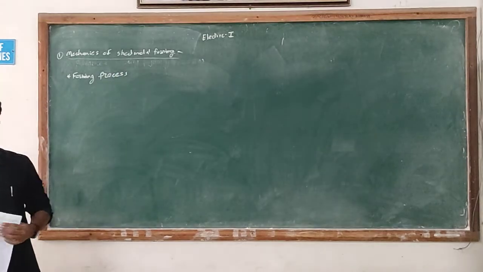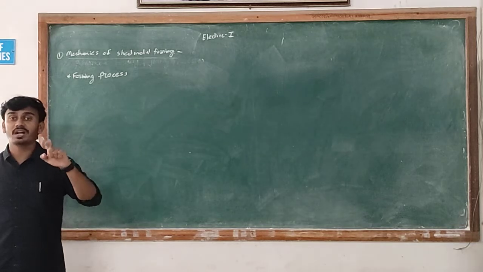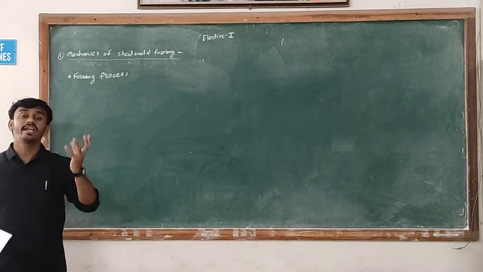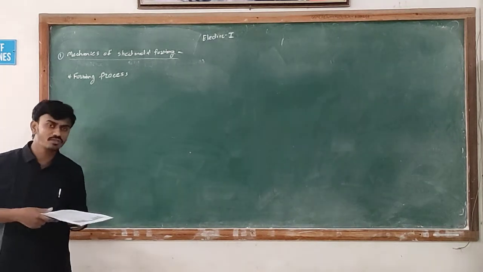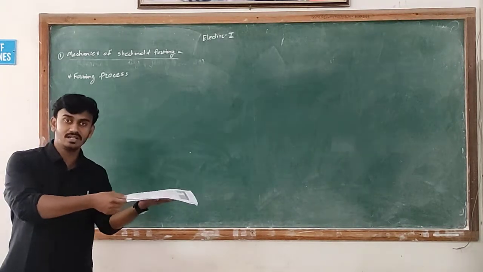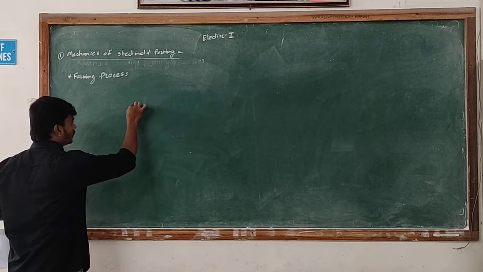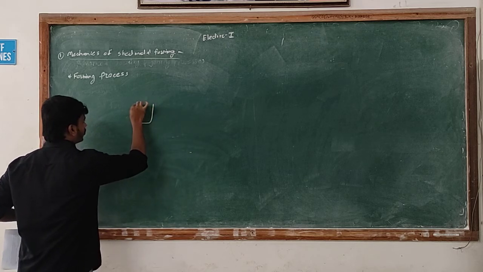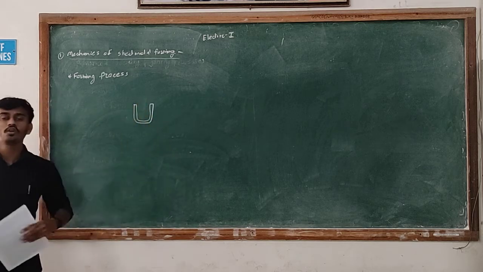Forming is the process in which we convert the sheet metal, or any material, into the required part by application of force. Suppose this is my sheet metal, and I want to convert it into this cup shape.